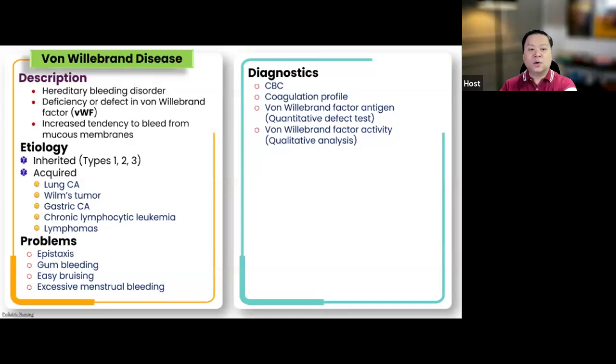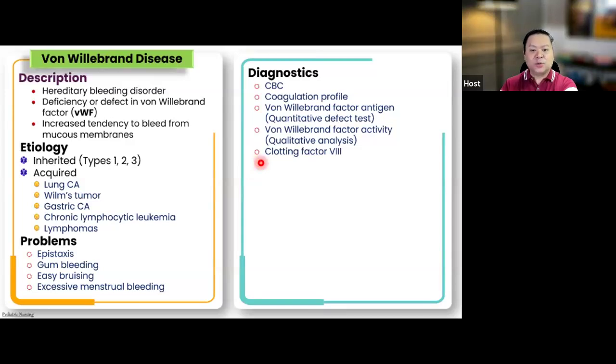And so we have clotting factor 8, which is going to be decreased due to the impairment in the binding and stabilization by the von Willebrand factor. Again, clotting factor 8 will be decreased at this point because there will be impairment in the binding and stabilization by the von Willebrand factor.